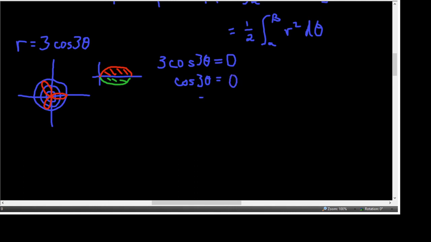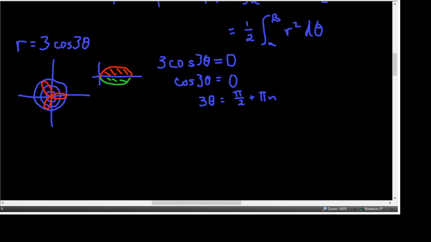Okay, so when is cosine equal to 0? What 3 theta value would make cosine give you a 0 answer? Well, we know cosine is 0 at pi over 2 plus pi n. Now that gives us actually all answers, which we're not as interested in for this problem, but just to cover all bases.